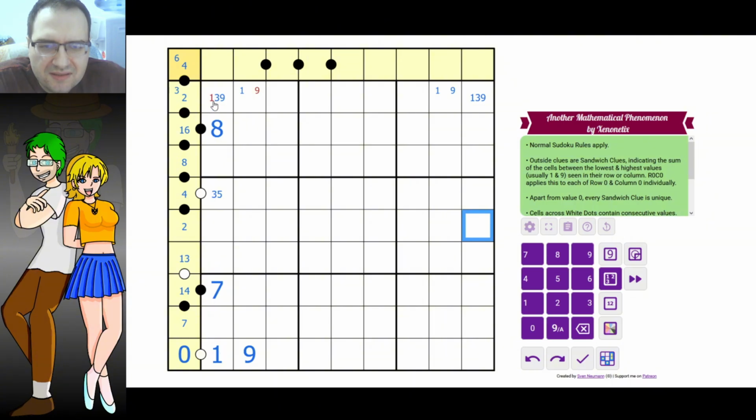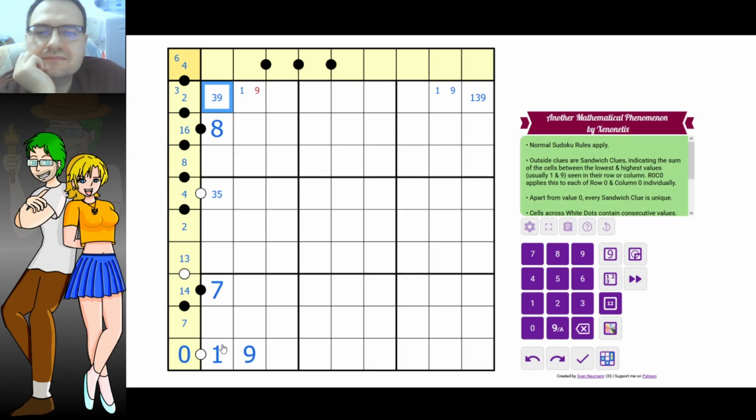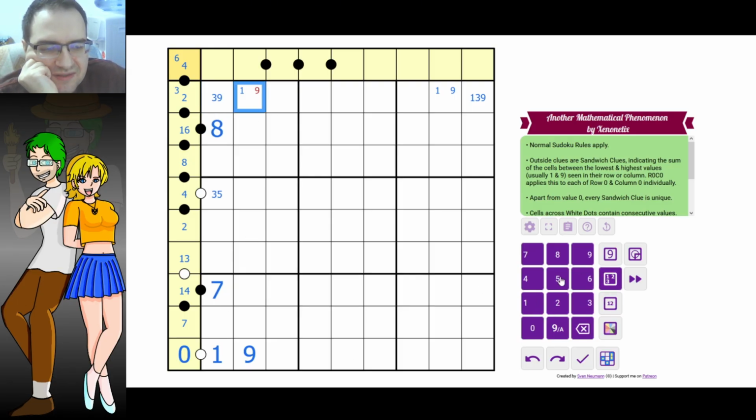I'm just thinking. So this cannot be a 1 because of this one here. This also cannot be a 9 because of this 9 here. So either it is a 3, 1, 9 in this order, or the other way: this has to be a 9, this has to be a 1, and this has to be a 3. Both still work.